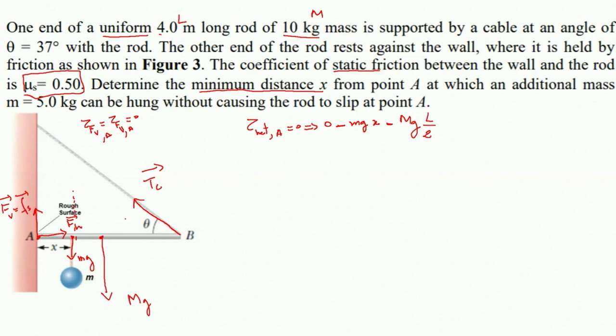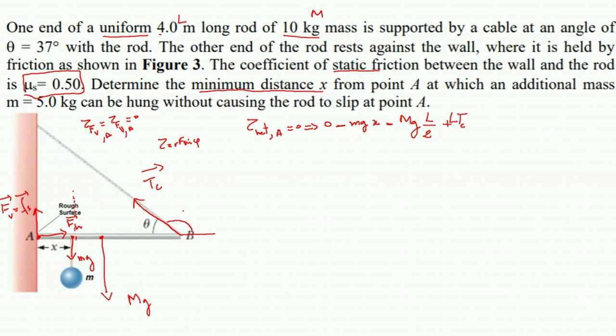Now, finally, what is the torque of TC? The torque of TC, of course, will be positive. Here I will not use the moment arm. I will use torque equal to R F sine phi, phi being the angle between R and F. R here is equal to L, the length of my rod, times TC times the sine of the angle between R and TC.